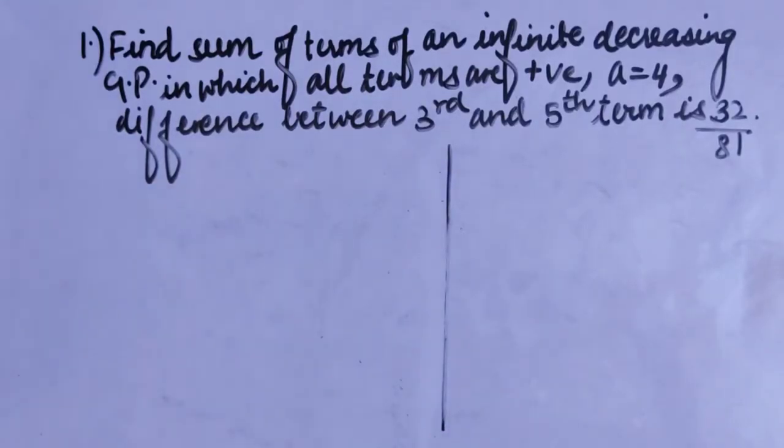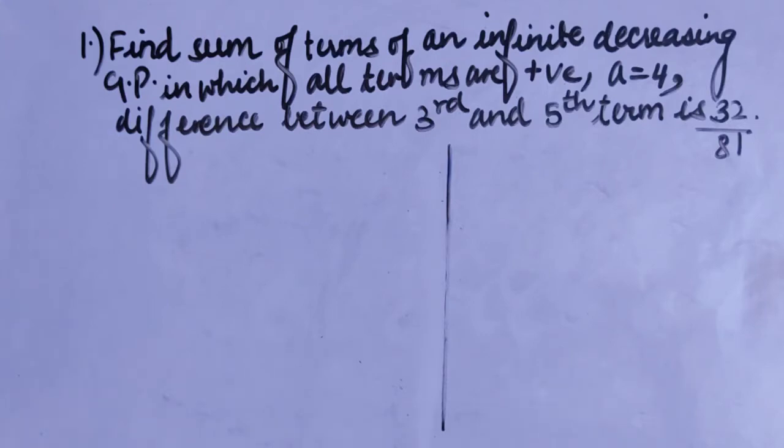Yes students, today we are going to do the questions based on the concept sum of the infinite terms of a GP. So students, what is this question saying? Find the sum of the terms of an infinite decreasing GP in which all terms are positive. It means the GP is infinite and it is a decreasing GP.